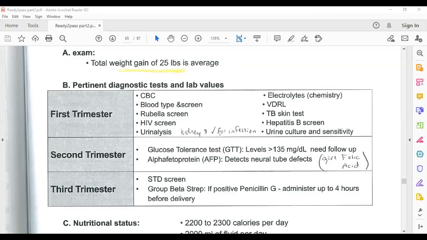Also, we do the PPD. PPD means tuberculin test, and TORCH. Okay, so this is the very basic test. Usually we have to do it during the first trimester, second trimester, or third trimester, right?